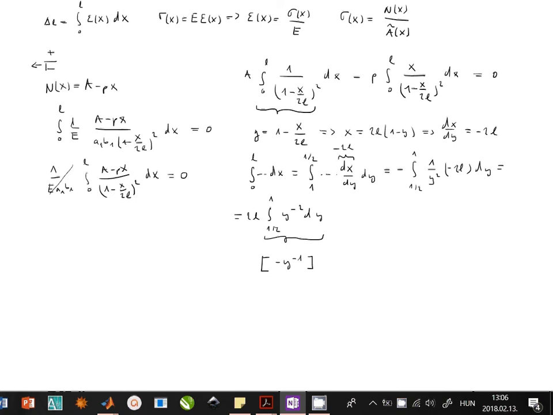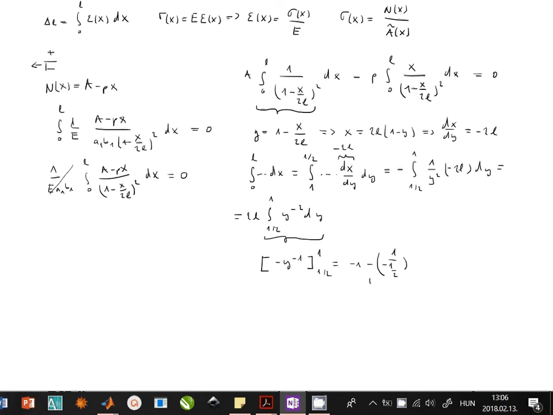So we have to take this primitive function at 1 and 1 over 2, which is minus 1 minus minus 1 over 1 over 2.